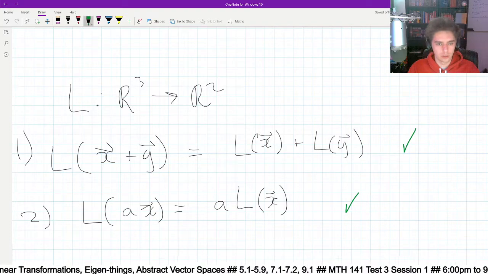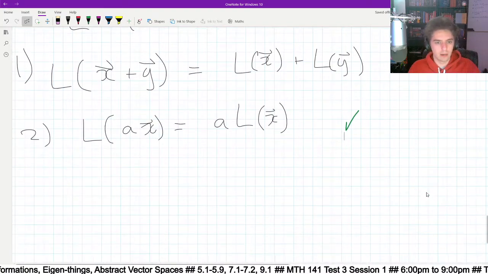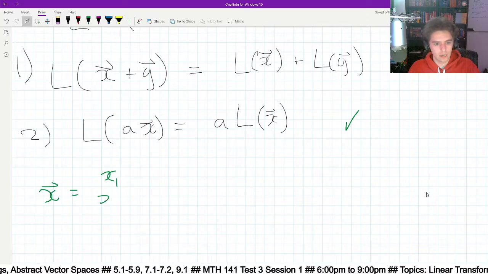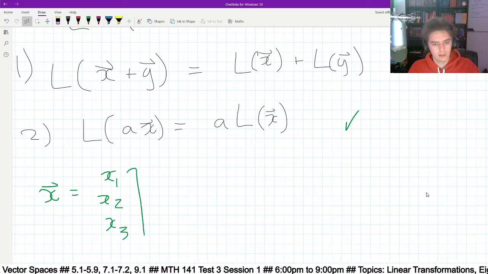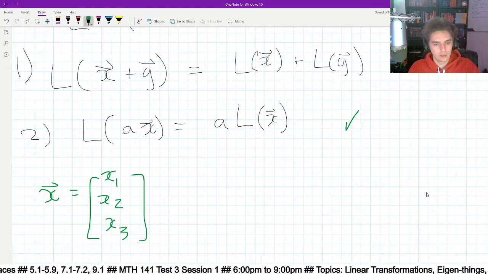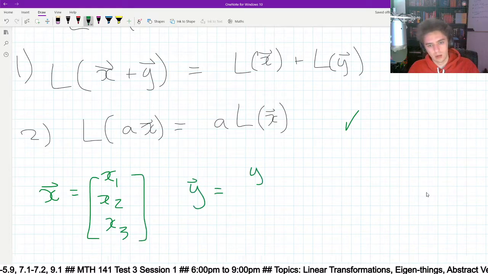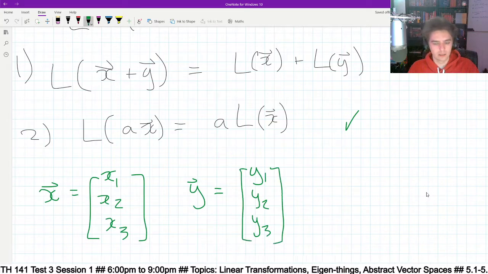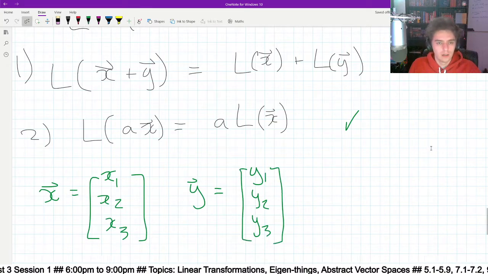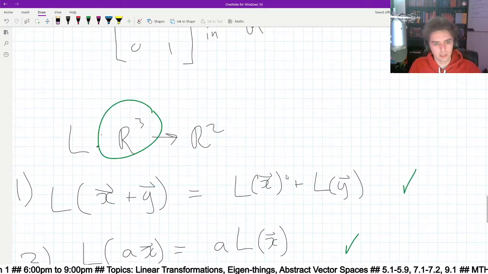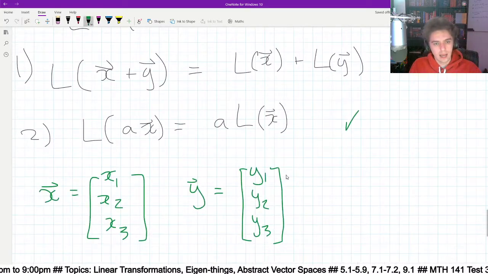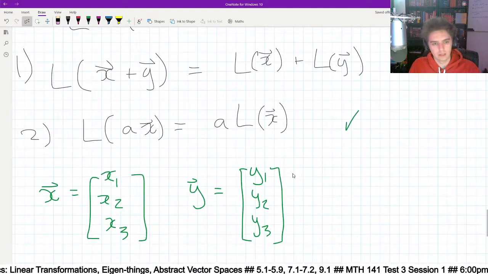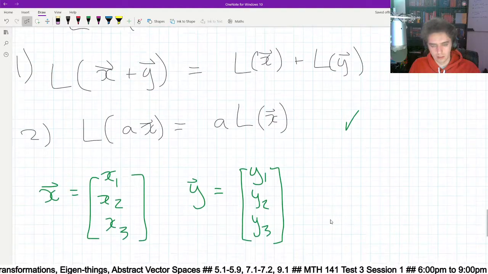And to show that, you just make up a random vector, and I called x equal to x1, x2, x3, right? And I called y equal to y1, y2, y3. So these are any vectors in R3, because that's where the input is. And then I did the transformation because it was defined at the beginning of the question.